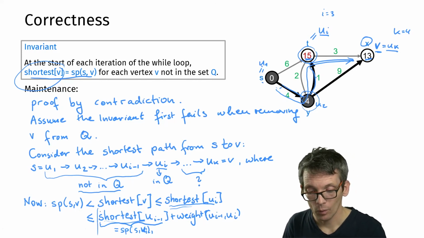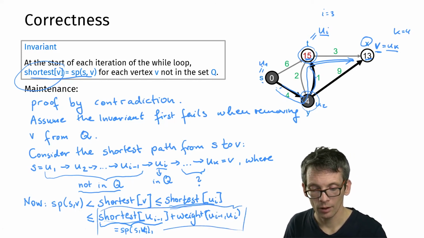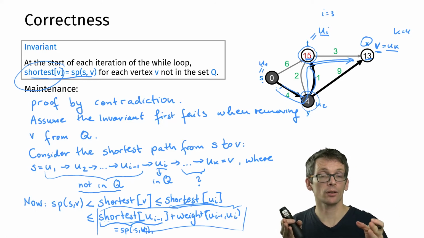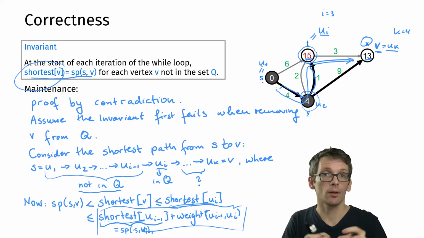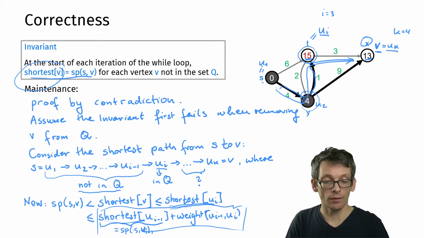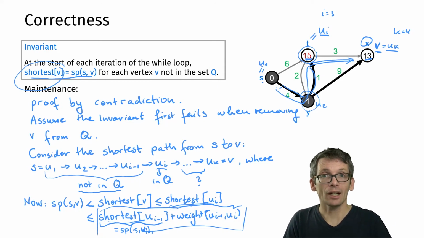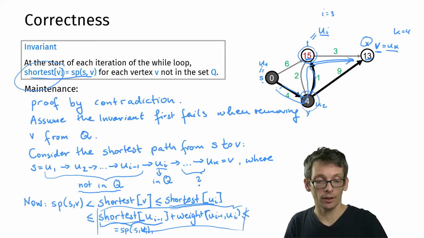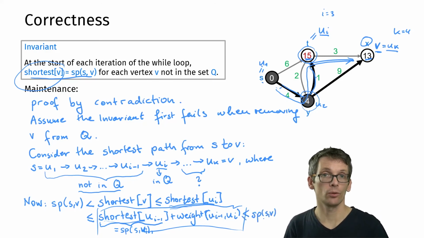Now what we have here are some of the edges of that path, not necessarily all of them, and for those the edge weights. So this sum is definitely smaller equal the actual shortest path length from S to V.